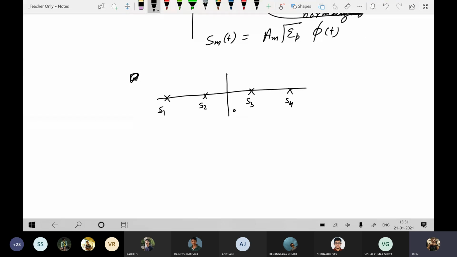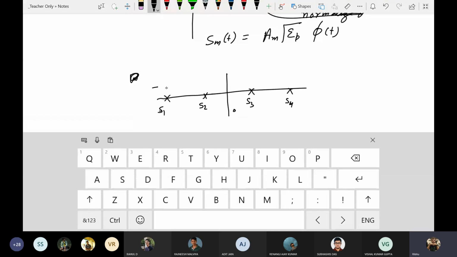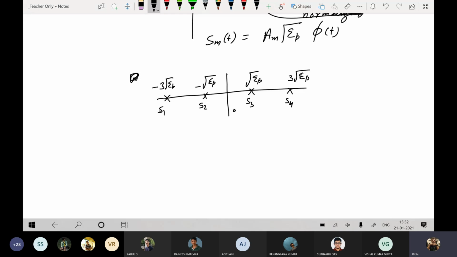This will be minus 3 root over E_p, minus root over E_p. Right? Agreed?